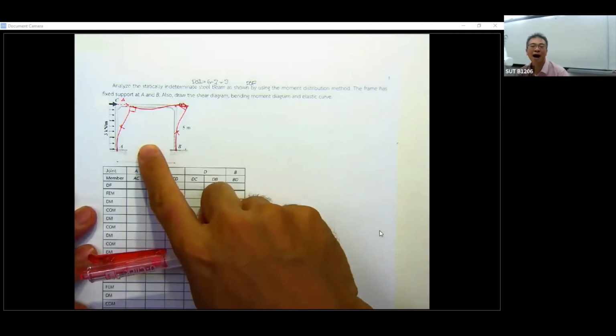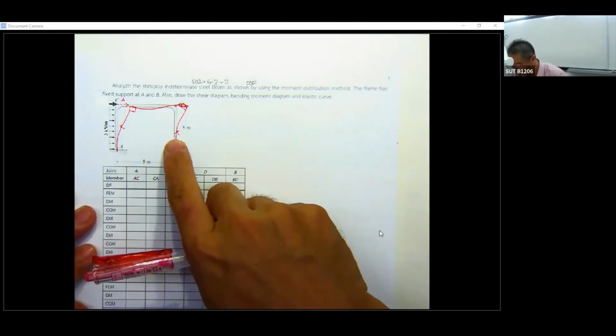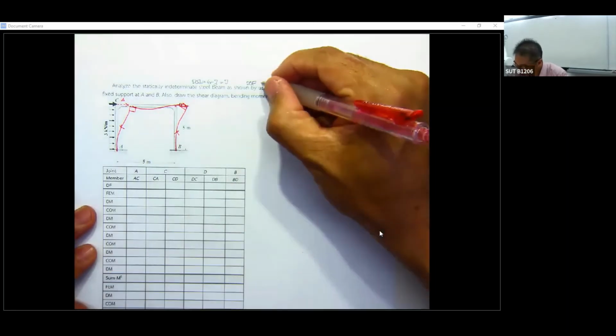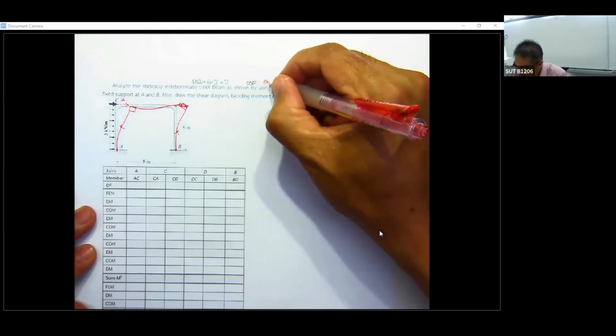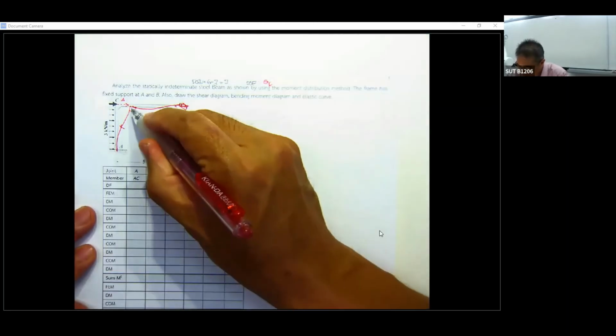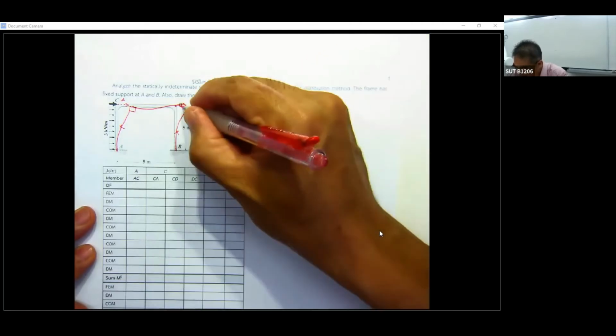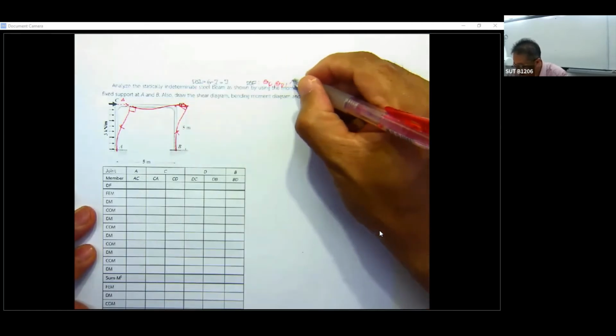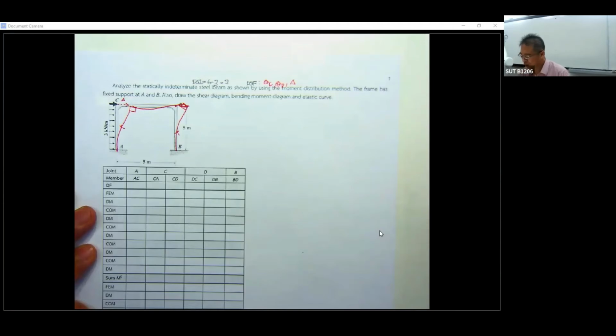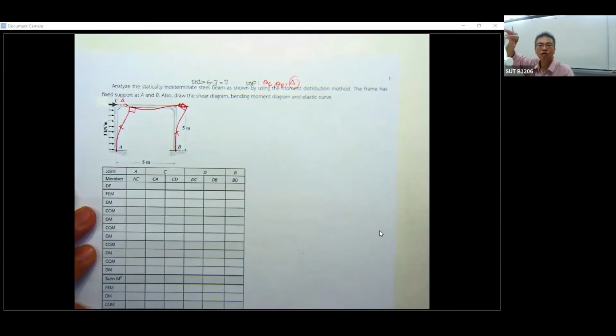We will have the moment diagram, and we can use the moment diagram to clarify what's supposed to be the inflection point on this frame. So this one is going to be theta sub C, the slope over here, theta sub D over here, and the sidesway delta. So the frame has sidesway. We're going to use a specific method to solve this.